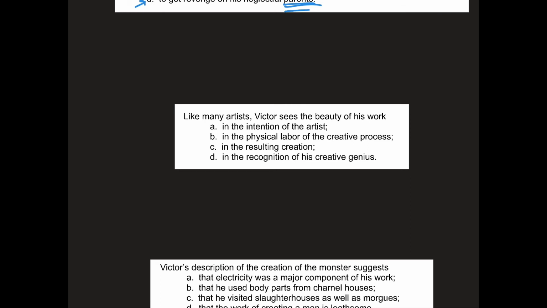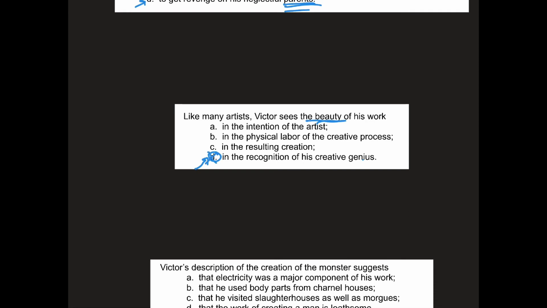So if we're leaning toward narcissism, D looks really good, but that doesn't seem to be what Victor is suggesting. His view of beauty doesn't have anything to do with his narcissistic tendencies. He doesn't want to be recognized as a genius because that makes him more beautiful. So that doesn't really play into this.